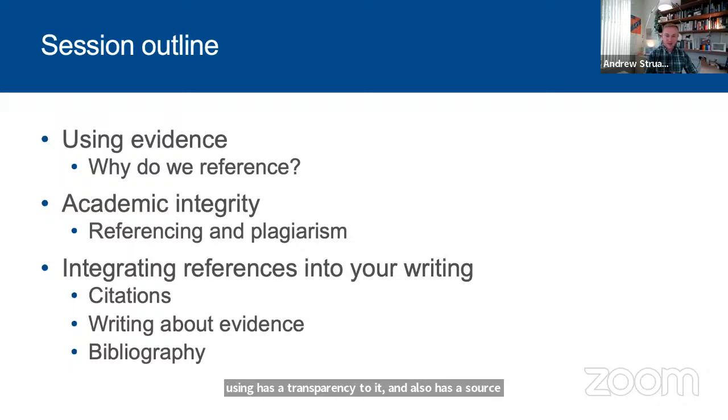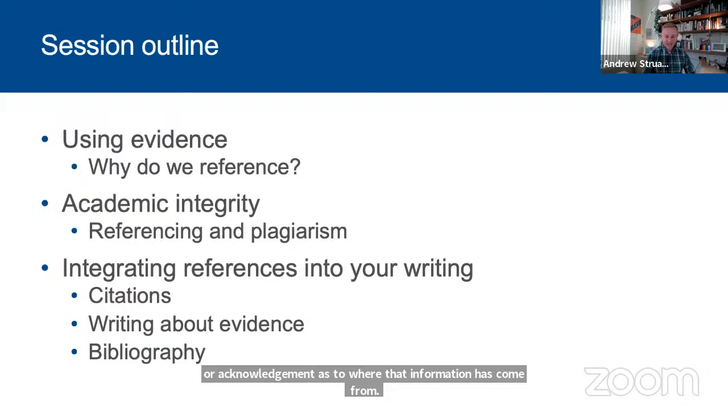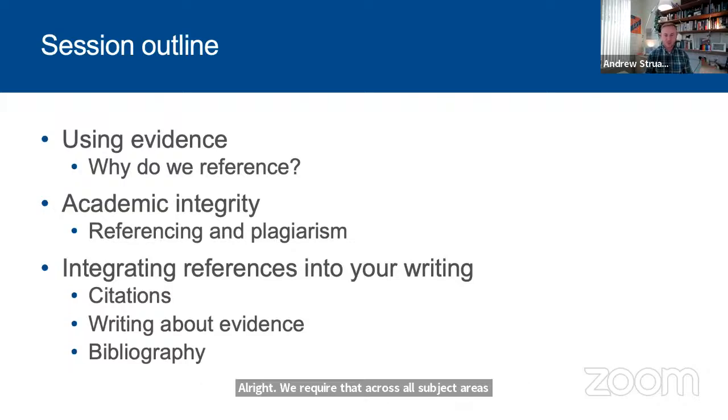We require that across all subject areas in all cases whatsoever. We'll talk about what this means in practice, but think about this as one of the fundamental building blocks and foundations of your academic study for the upcoming year.